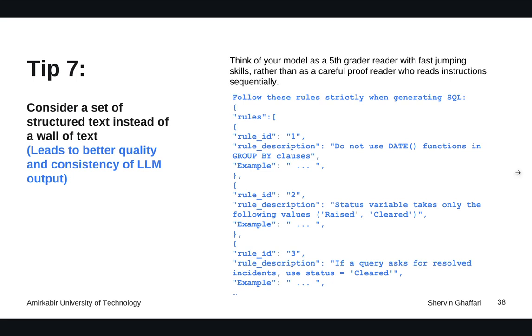Consider a structured text instead of a wall of text, for example, providing the question to the model in a JSON format, instead of just adding context sequentially in multiple paragraphs. Here, it's in a more structured manner. The questions, the context, and rules are curated in a more structured way.